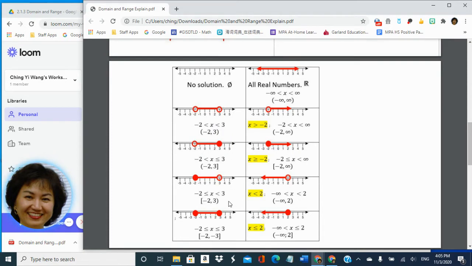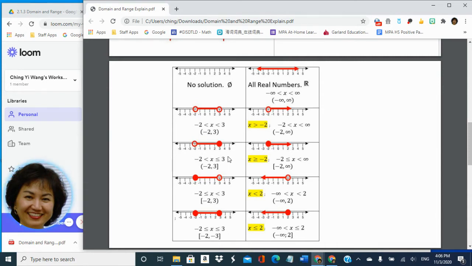You can see all these examples. Like this one, if your x is between -2 and 3, but not including -2 and 3 itself, so you don't have equal here. When you don't have the equal, make sure your graph has an open circle there.